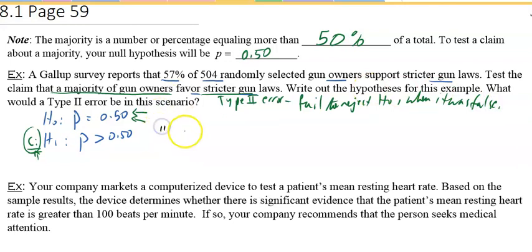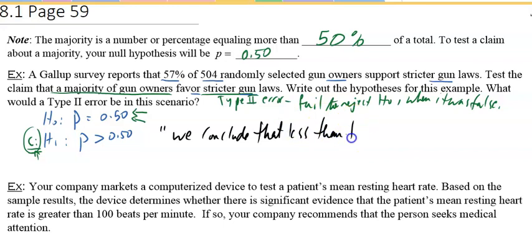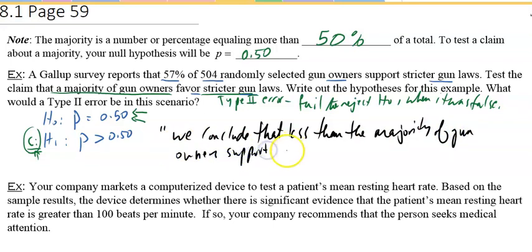So the type 2 error would be, we conclude that less than the majority of gun owners support stricter gun laws, when in reality the majority does.